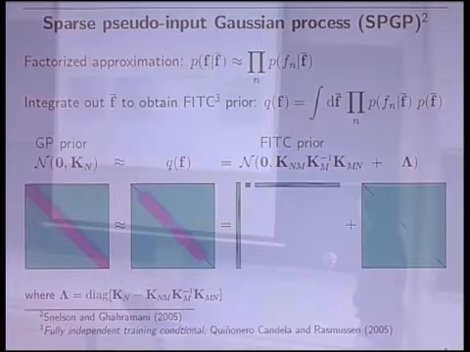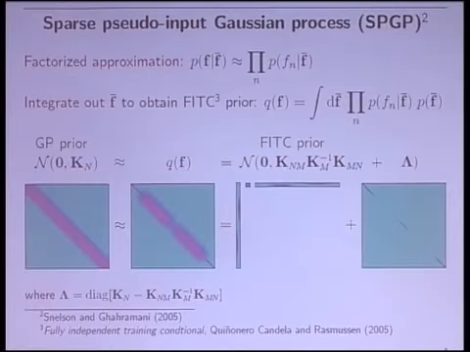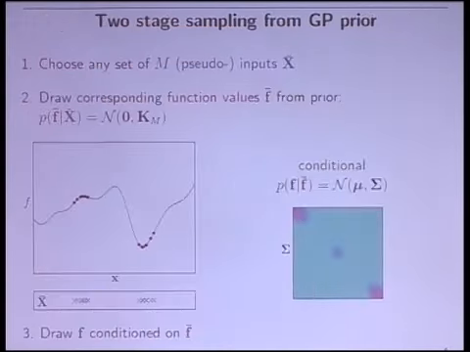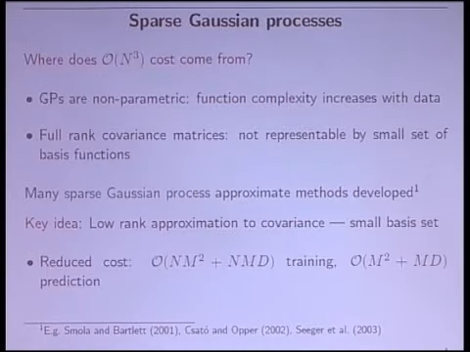This is a low rank projection, but this part turns out to be quite important, and this is a diagonal correction, if you like. So it adds along the diagonal such that just along the diagonal the approximation is exact to the original Gaussian process. And because this is only a diagonal correction, the costs are, as I explained earlier, order nm squared for training.